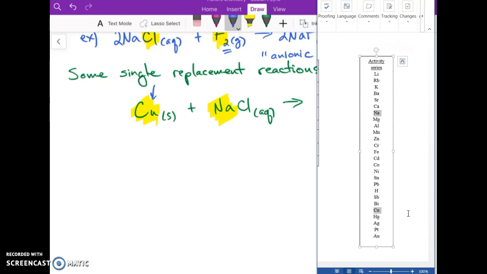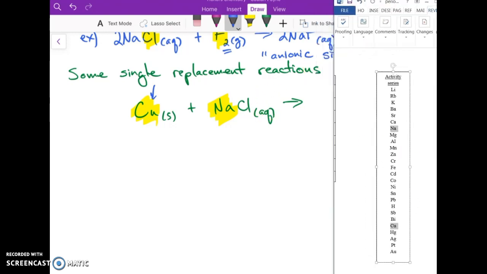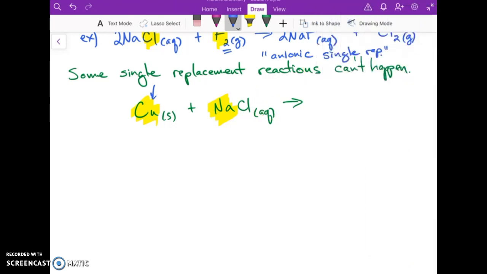Okay, and so that can't happen. And so we would actually say that this is a no reaction, or sometimes we'll just say NR for no reaction. So that's how we would predict a cationic single replacement. Anionic single replacement is actually just predicted from the periodic table.